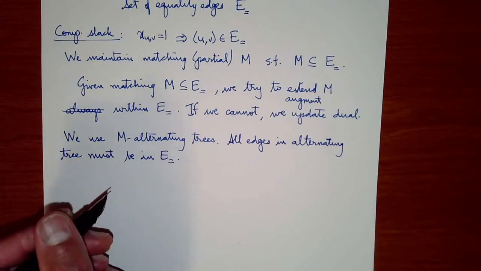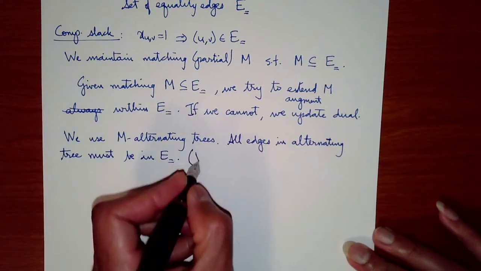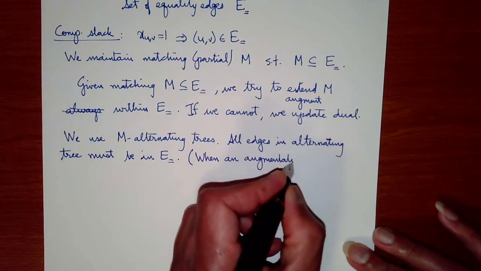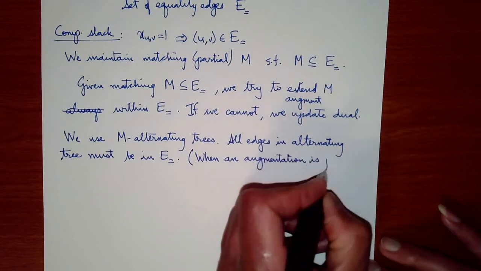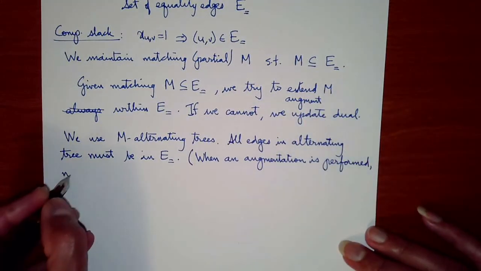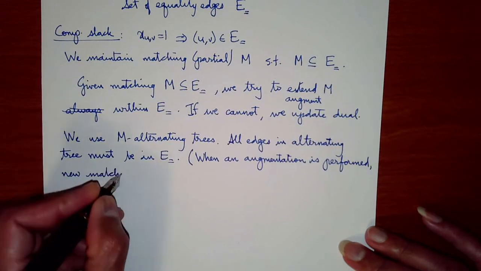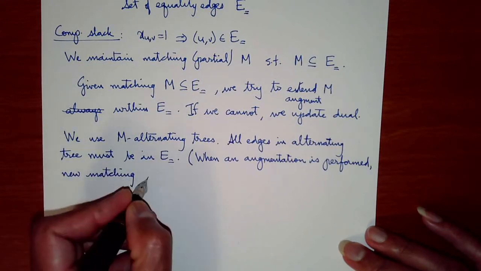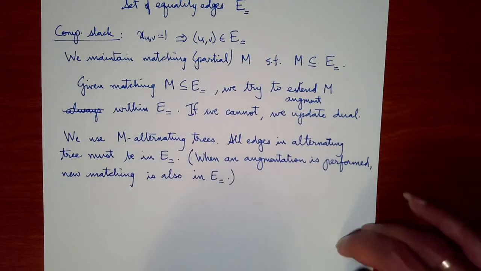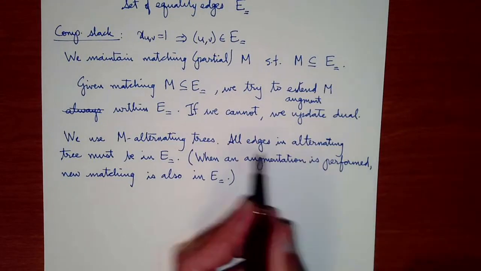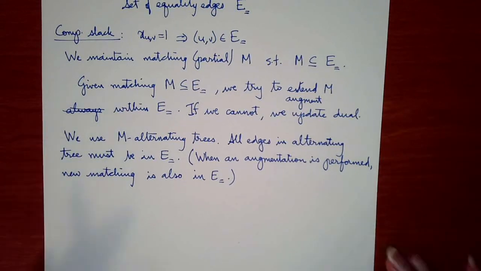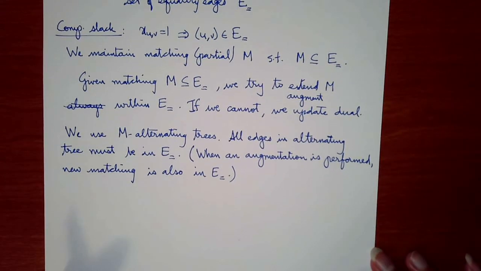We need to enforce this property so that when an augmentation is performed, the new matching is also in the equality set. This is what we need to ensure at all points. So all edges in the alternating tree must be in the equality set, and this is exactly what we are going to enforce.